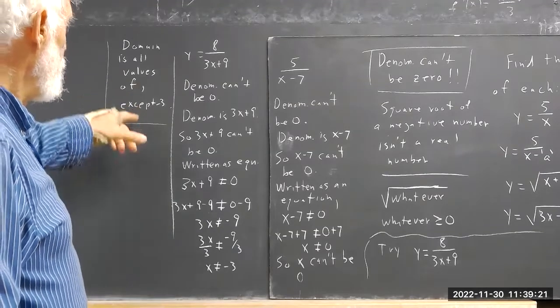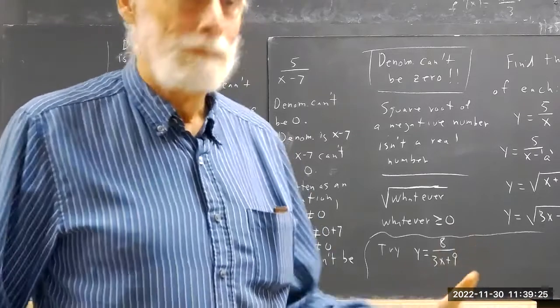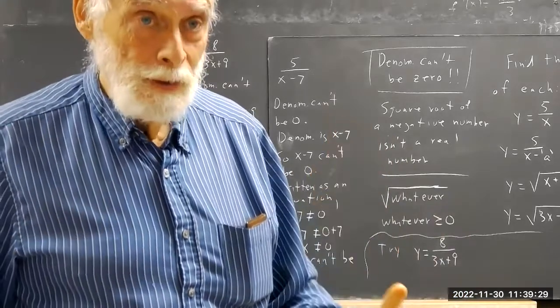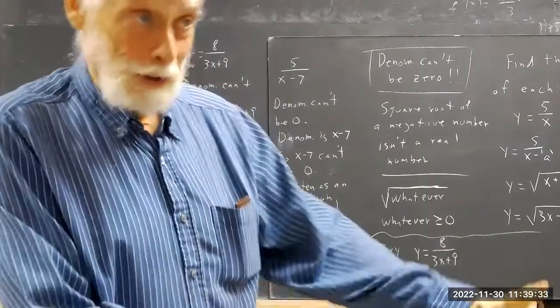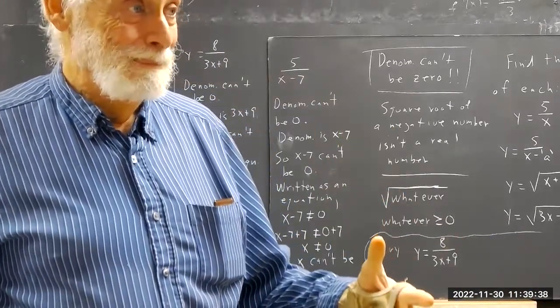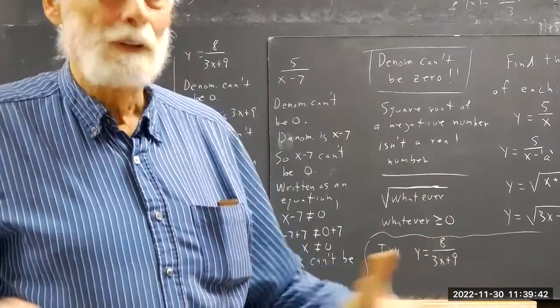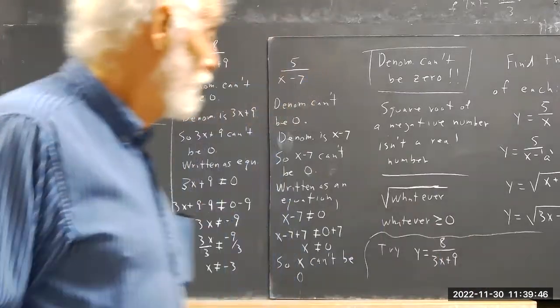Now there's a way you write out that domain. If you do the problems, you'll see that I'm not going to take class time to do that, because the key thing to understand is: set the denominator equal to 0. Solve, get everything you exclude, or set it not equal to 0, and you get what you need to know.